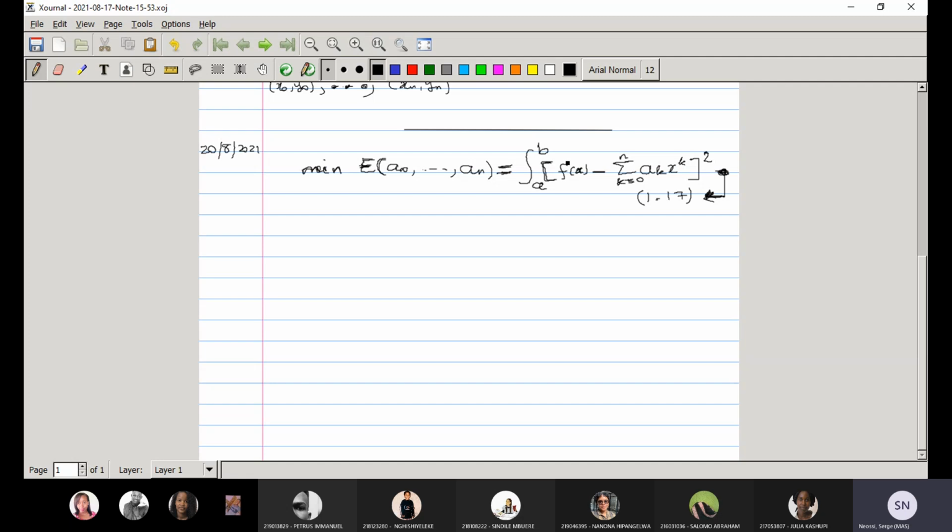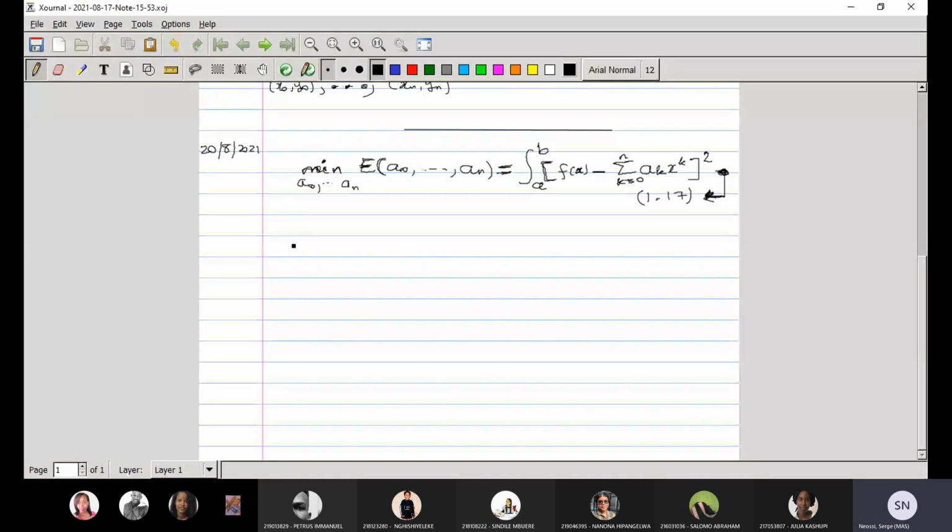All right, so we first expand this. We minimize over the a's, so we are looking for the a's that will minimize this expression. Good. So what is this expression?